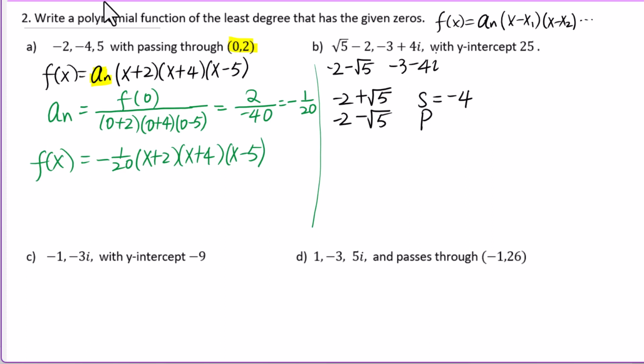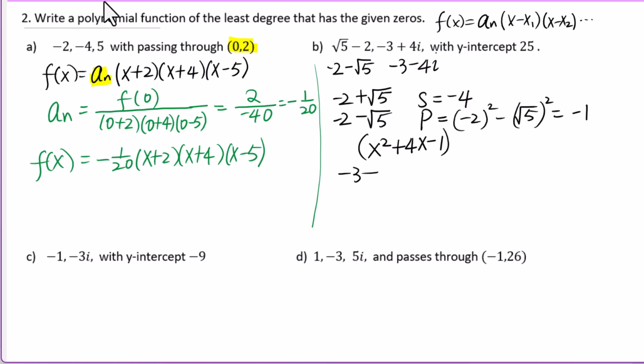The product of these two roots equals (-2) squared minus (square root of 5) squared, which equals 4 minus 5, which is -1. So using Vieta's form of a quadratic function, we have x squared plus 4x minus 1 as one factor of this polynomial.